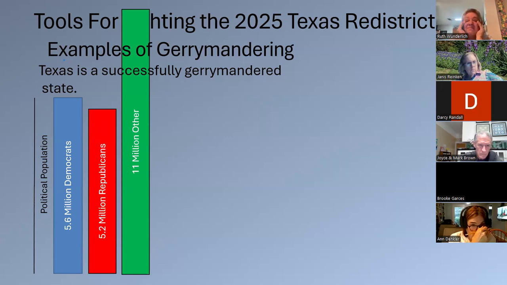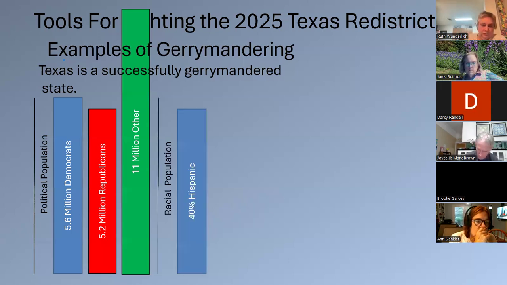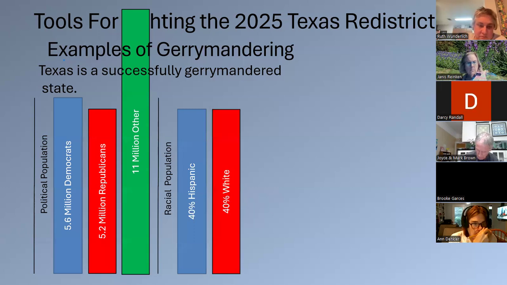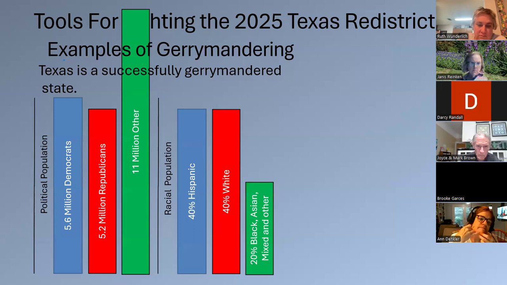But let's look at the racial setup of Texas. It's 40% Hispanic, 40% white and 20% other. Now, before you say that looks like a concocted sample, it's actually not.